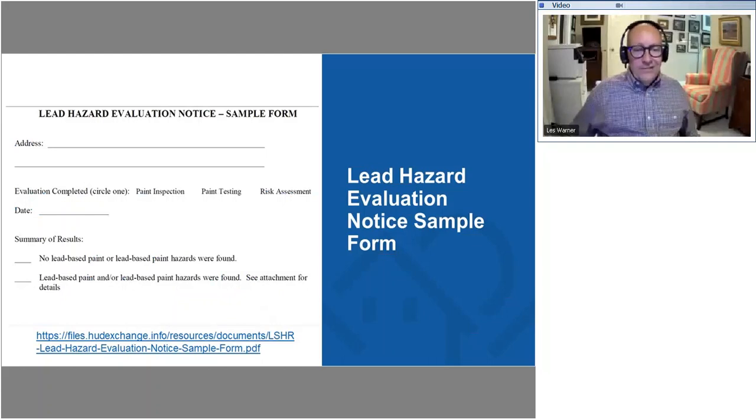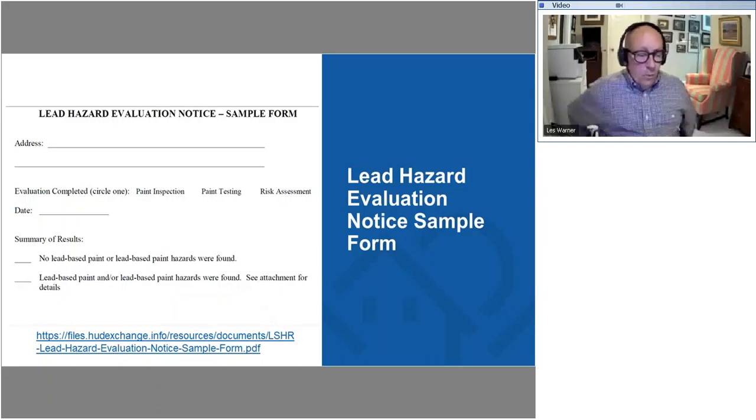There is a sample form, and we've provided the link here. Essentially, within 15 days, that's our timeline on this, after we've received the results back, we need to provide that notice of evaluation to the occupants of that unit.